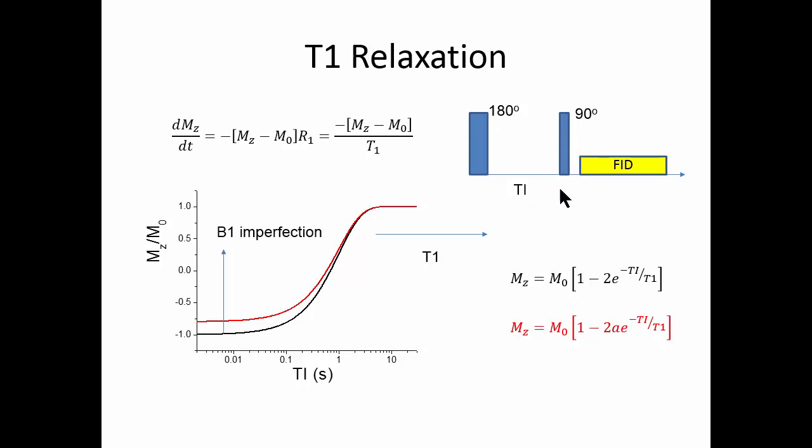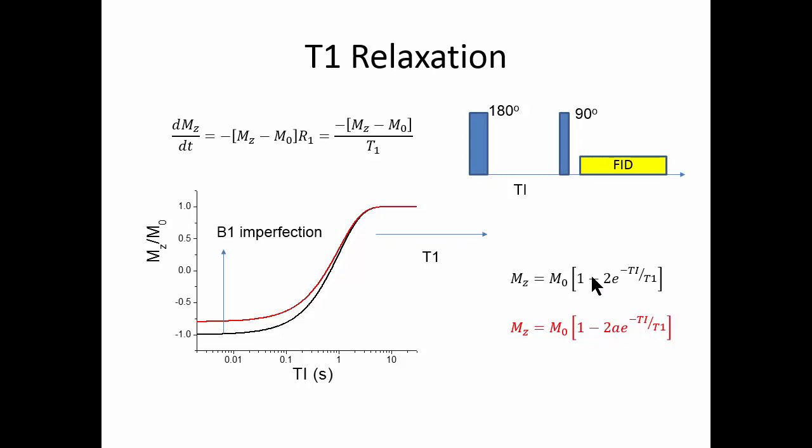Now, you can use inversion recovery, or you can modify this equation phenomenologically again, by simply taking into account the fact that magnetization doesn't start with -M0, putting this small parameter over here, which is basically a measure of how good your RF 180 is, and if A is equal to 1, that's perfect.